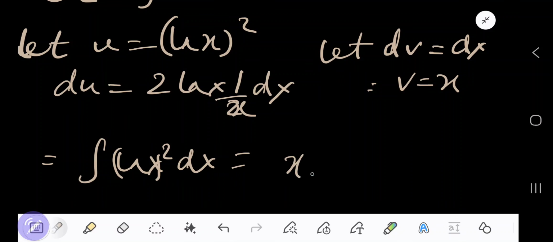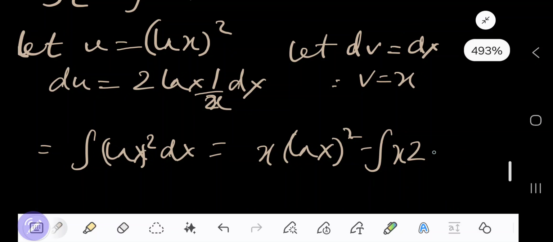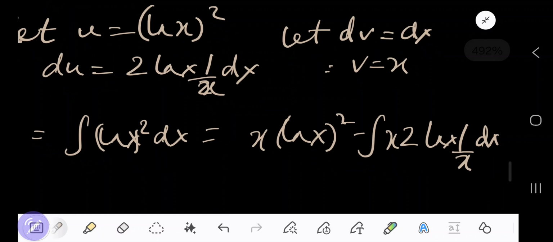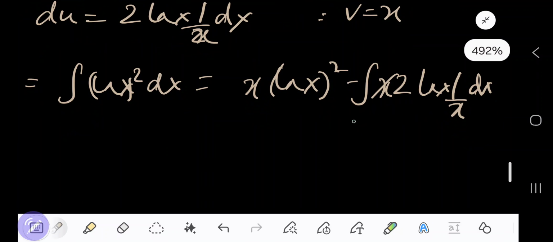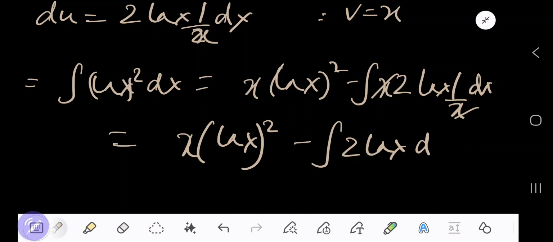So over here, after subbing in these values, you should get the integral of (ln x) whole squared dx is equal to x (ln x) whole squared minus the integral of x times 2 ln x times 1 by x dx. Okay, x cancels, so this equals x (ln x) whole squared minus the integral of 2 ln x dx.